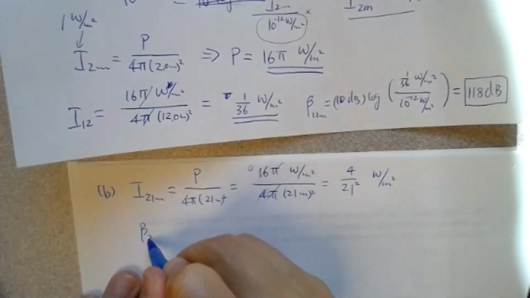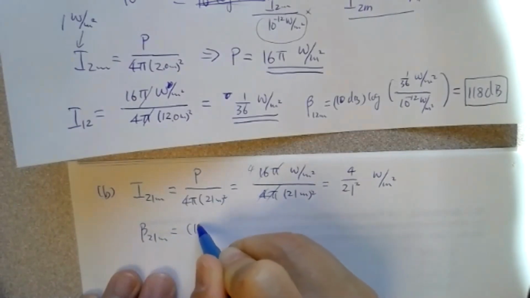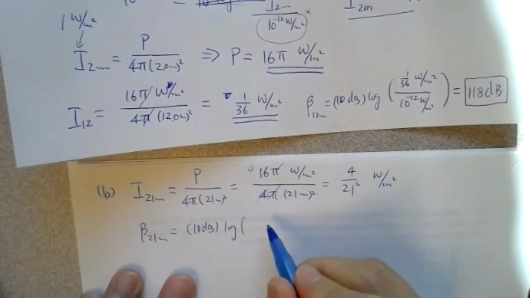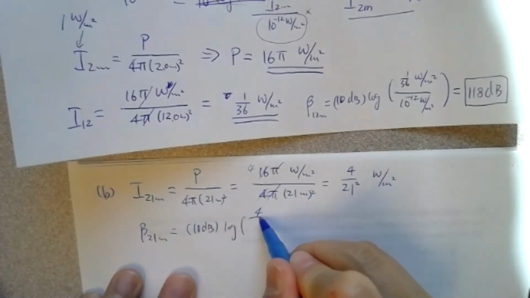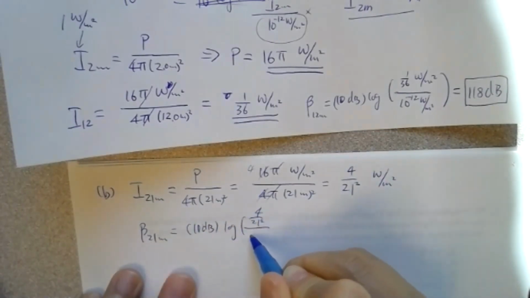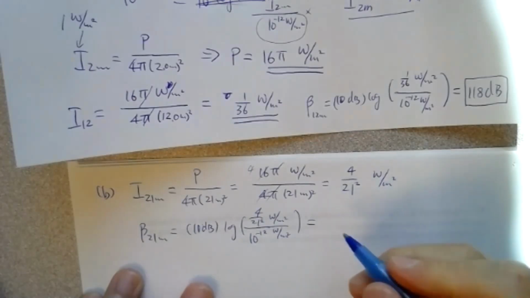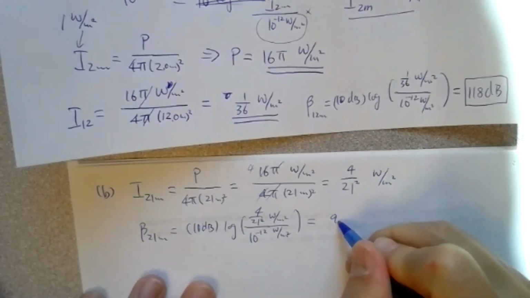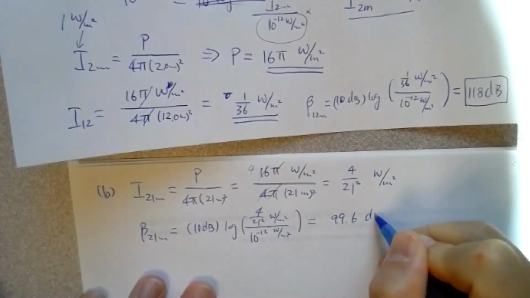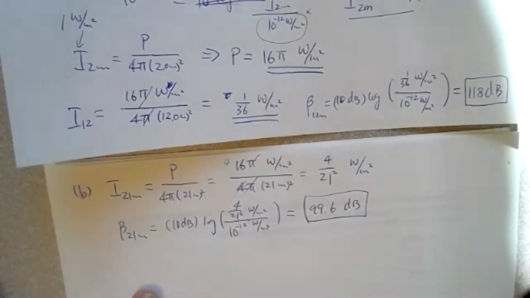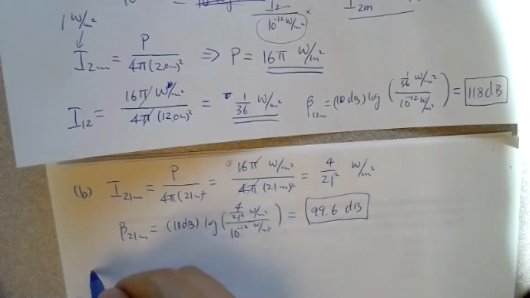So then intensity level at 21 meters will be again 10 dB log of this I here, 4 over 21 squared, divided by I naught. Okay, they are in the same units. That will give you 99.6 dB. All right, so basically repeating what you did in part A.